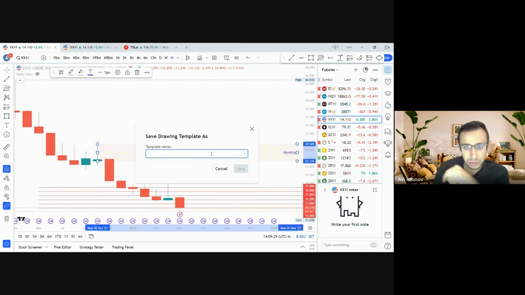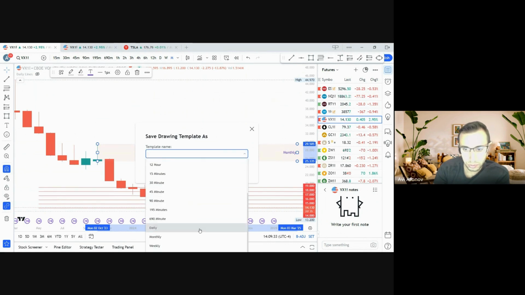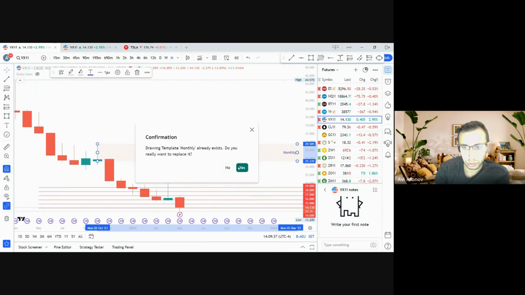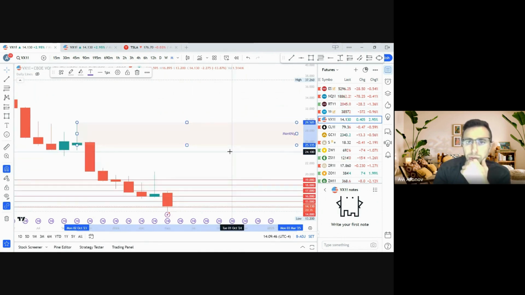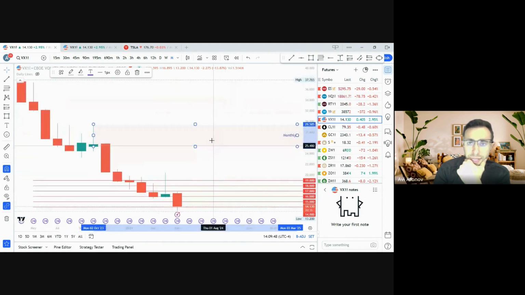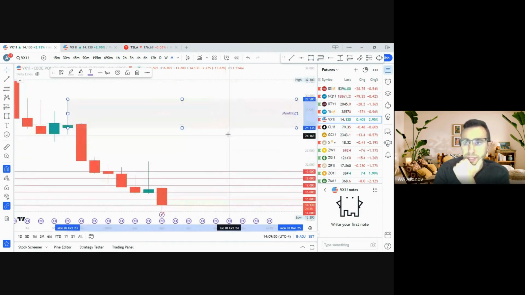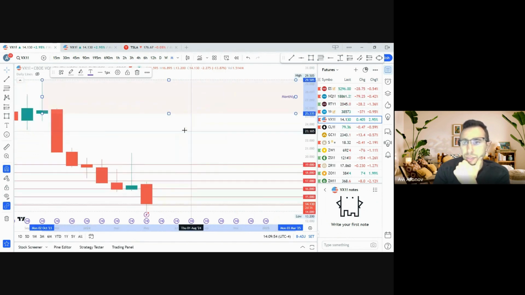Save as, and I would change here my monthly. So it will do save, replace it, yes. So next time I do that, it will already be with this type of scheme, colors of the font and the color for the background.